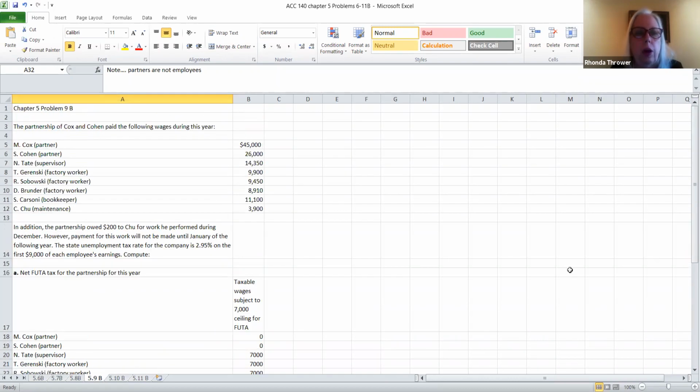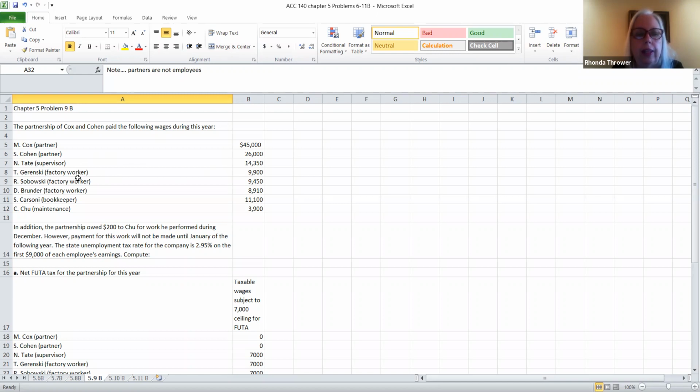For the next problem, which is 9B, this is going to be a partnership of Cox and Cohen, and they paid the following wages this year. M. Cox, who is a partner, was paid $45,000. S. Cohen, who is also a partner, was paid $26,000. N. Tate, who is a supervisor, is paid $14,350.